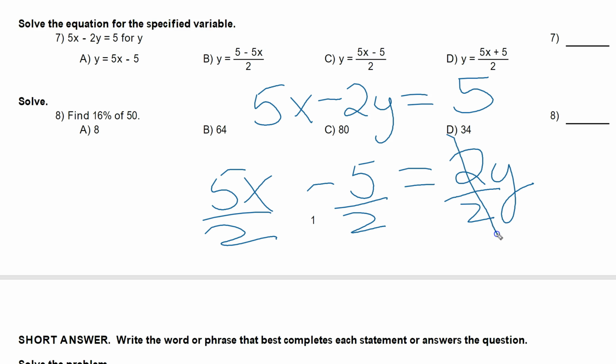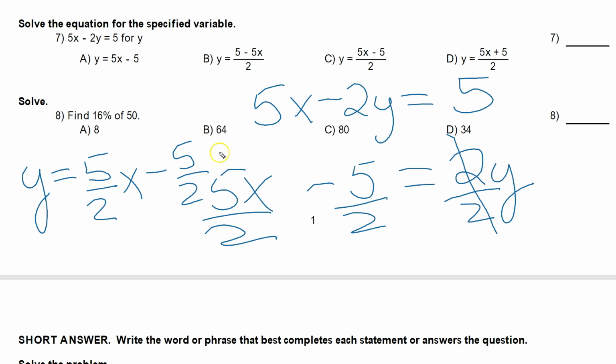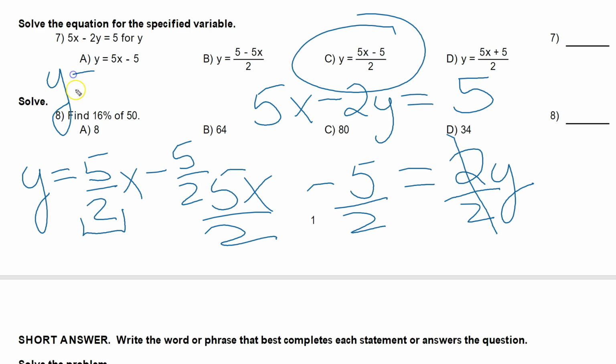And then I would cancel out these 2's, and I would get y equals 5/2 x minus 5/2. Now, the way they've said it is they put it all over the common 2 here. So it looks like it would be letter C if I put my numerator over the common 2. Remember, we would like it this way, because this way it's in slope-intercept form. Y equals mx plus b. All right, let's go on.